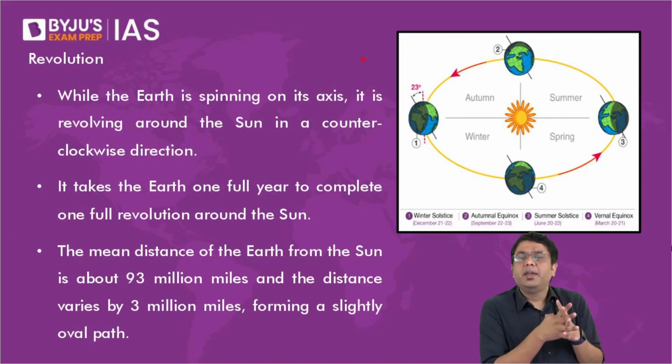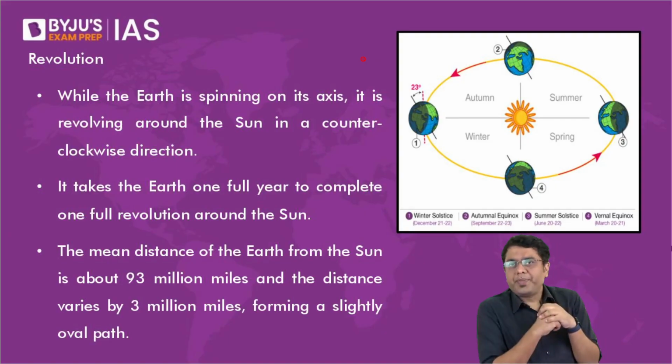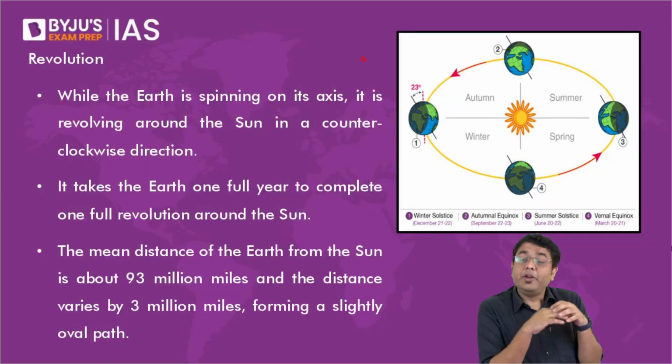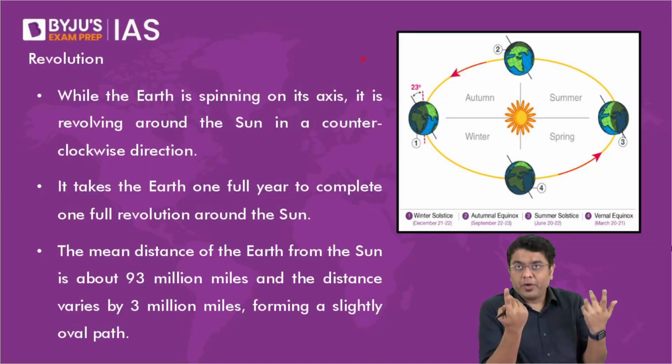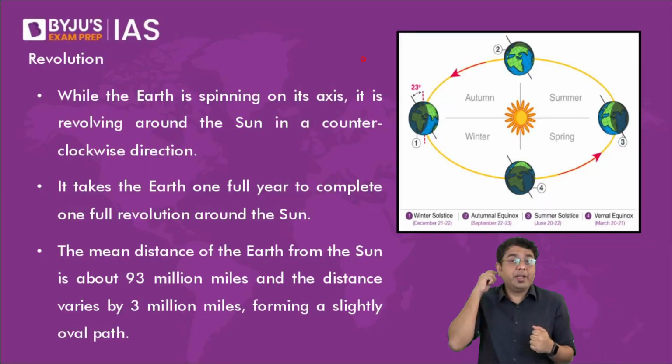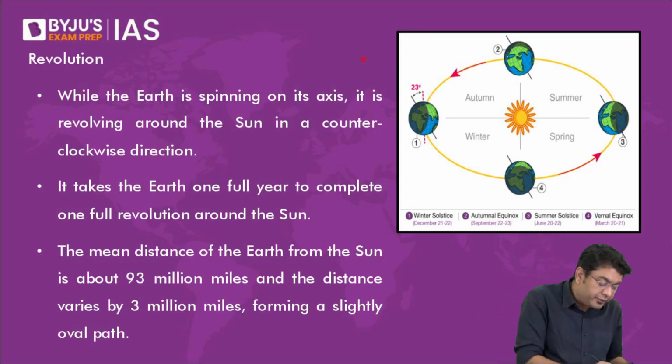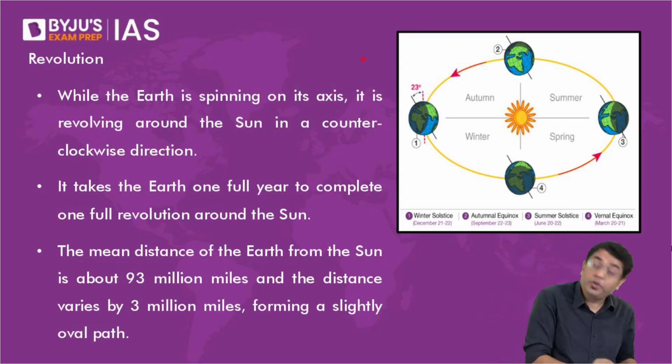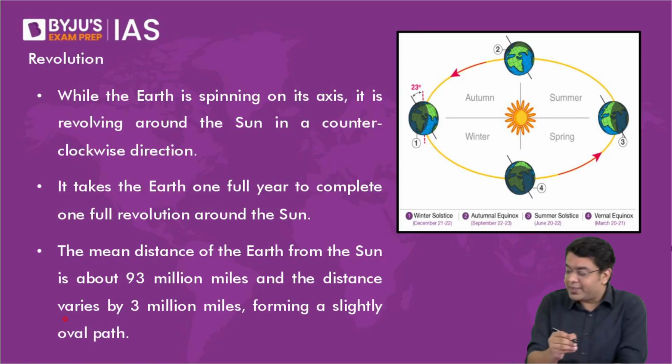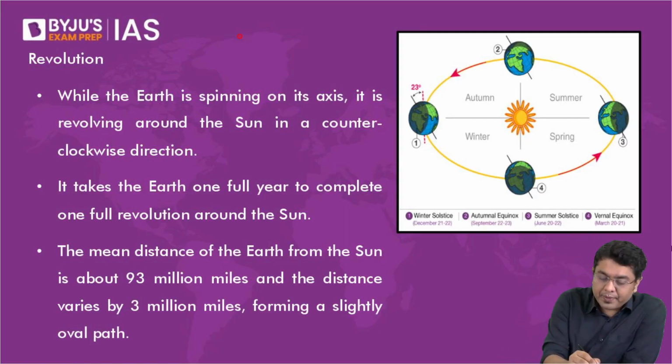But nonetheless, understand it in this way: when we talk about planet Earth, it is not a perfect sphere. It is an oblate spheroid. So if you think about it, not a perfect sphere means what? It is not uniform. It is bulged around the equator.